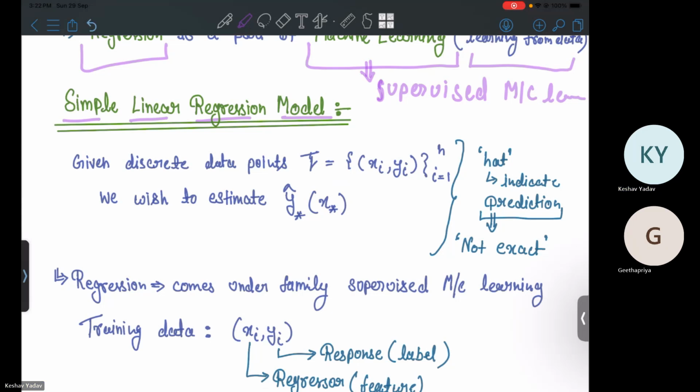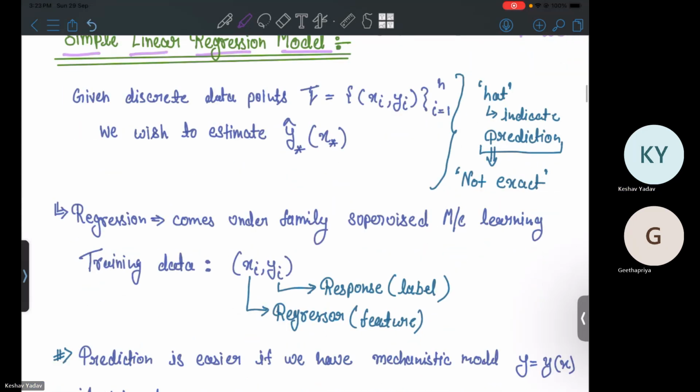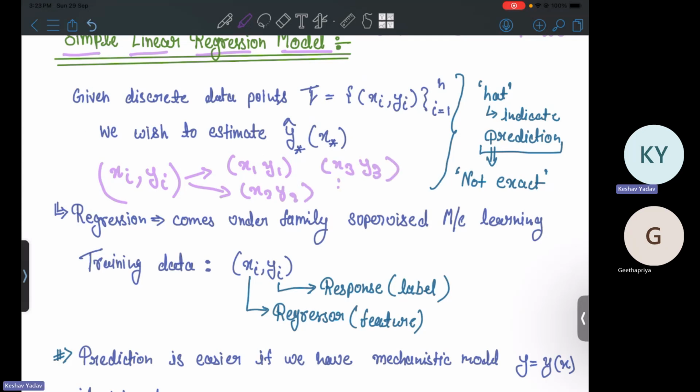Here we have some data given to us, xi and yi. That means for some x1 value, we have some y1; for some x2 value, we have y2; for some x3 value, we have some y3, and so on.